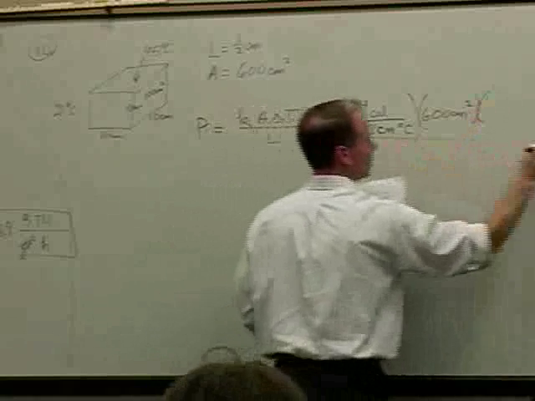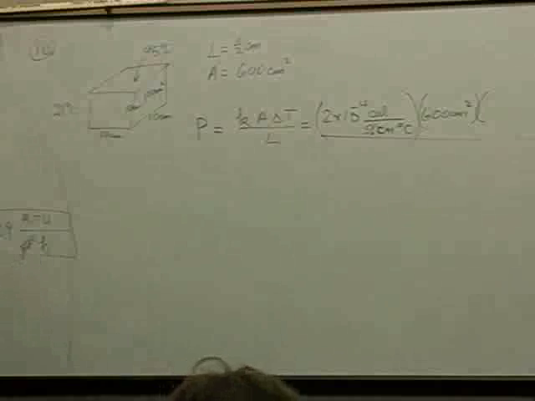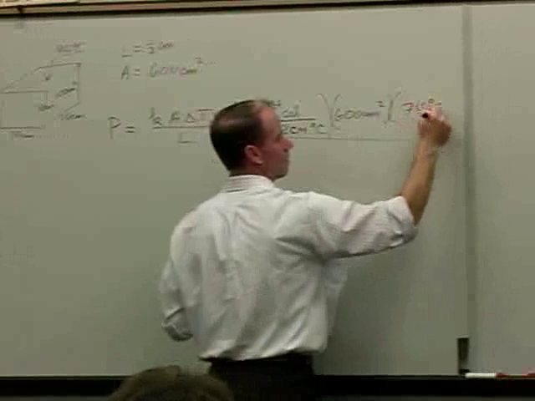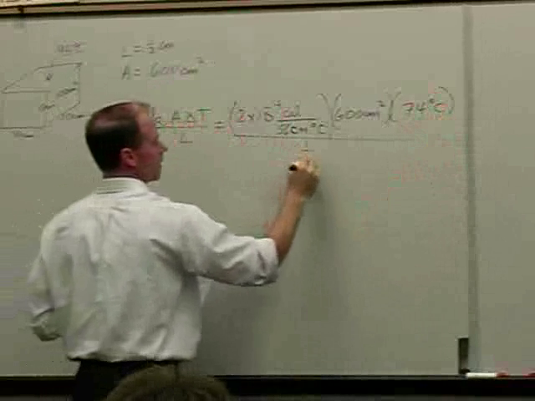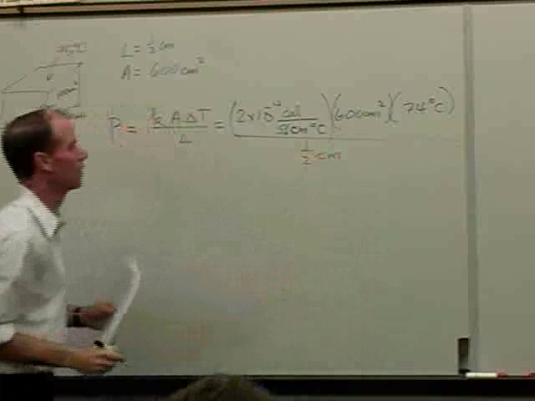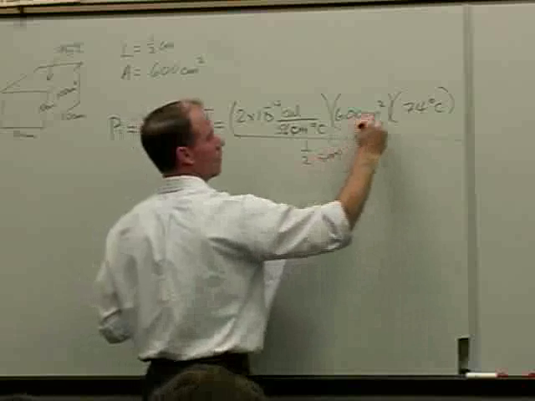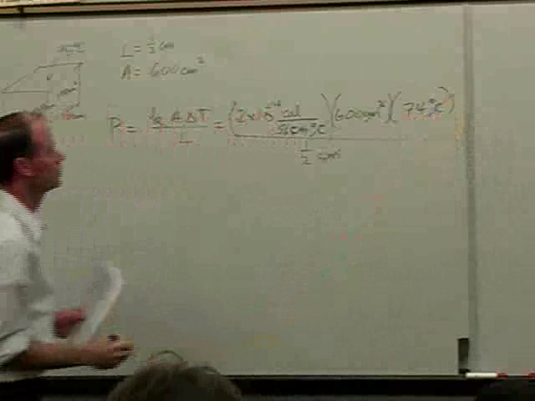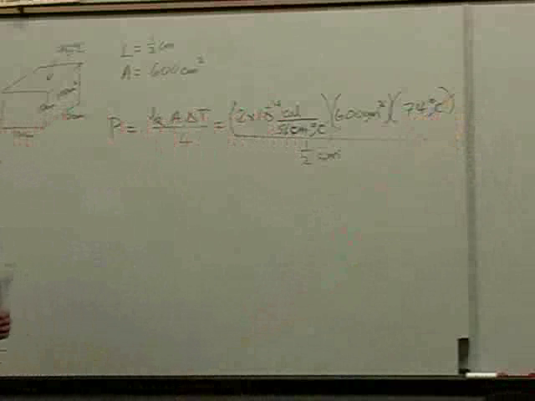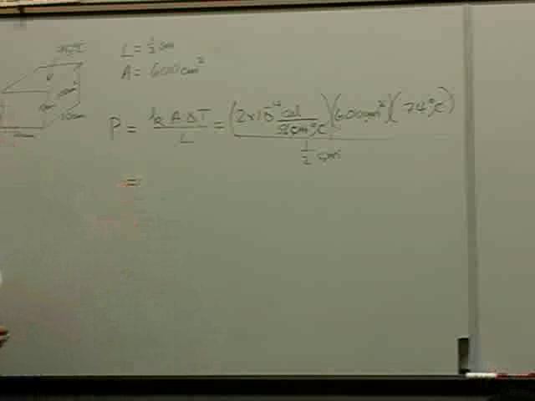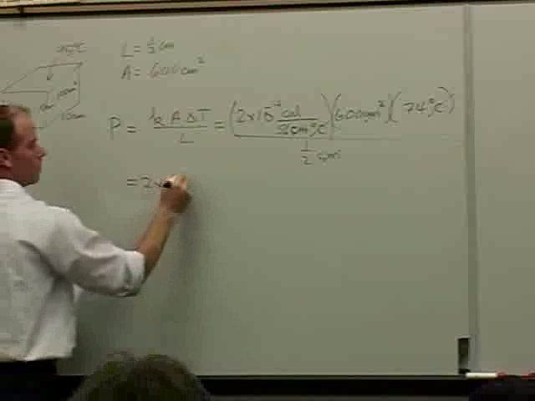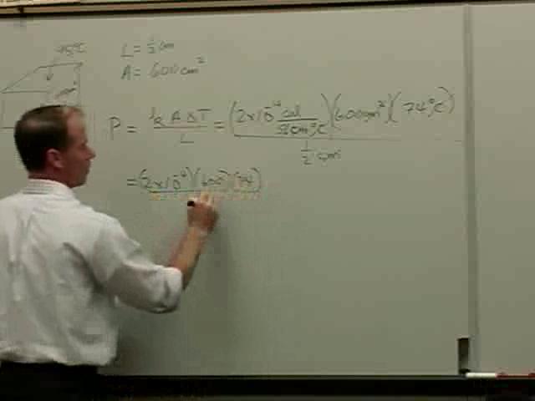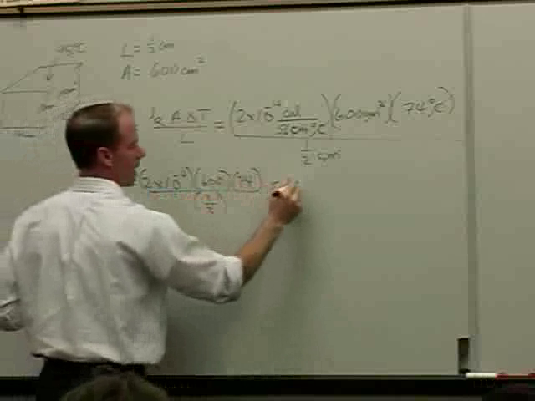Change in temperature is 74 degrees. Length is 1/2 centimeter. The centimeter is going to cancel out, and degrees Celsius is going to cancel out, so we're going to end up with calories per second. So we have 2 times 10 to the minus 4, times 600, times 74, divided by 1/2, calories per second.